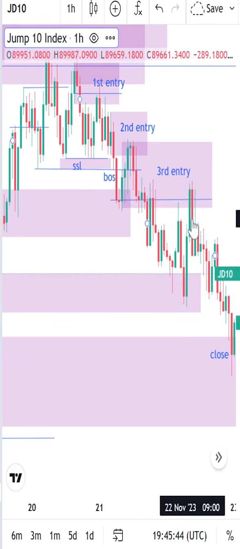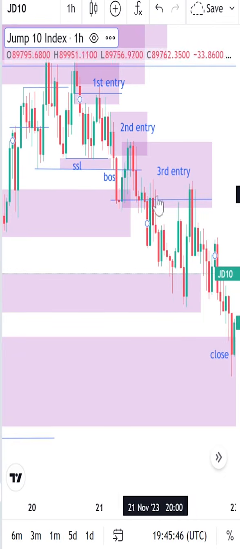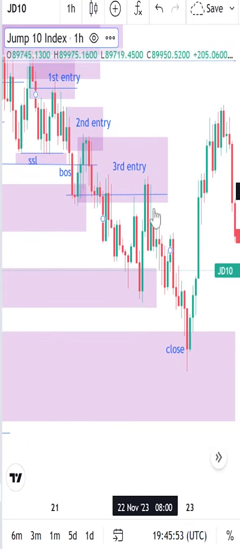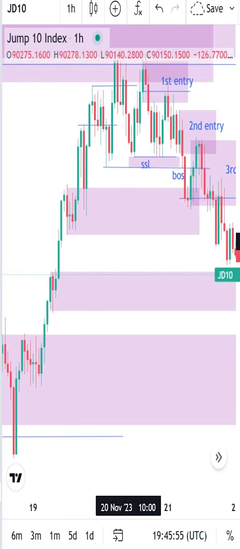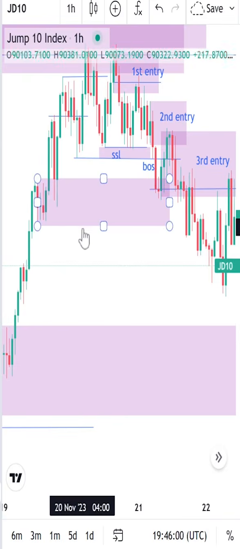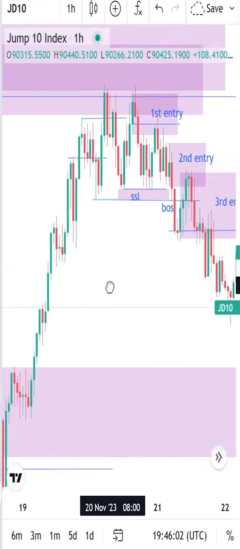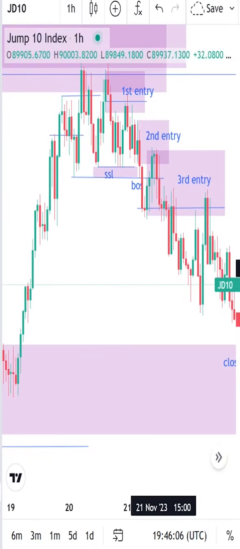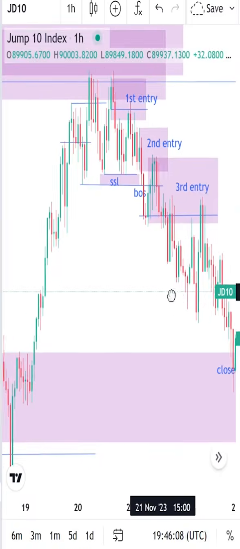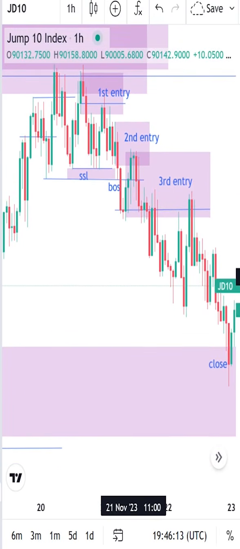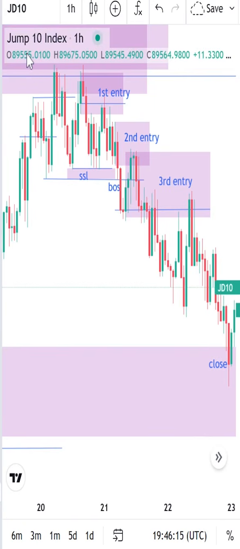And then for the third swing, you enter a lot more or stronger sell positions to close here. So both techniques can be used. The technique of scaling in or the entry and exit technique could have been applied in this trade. Something I didn't really think of, but okay. So yeah, that is it for the Jump 10 index analysis.